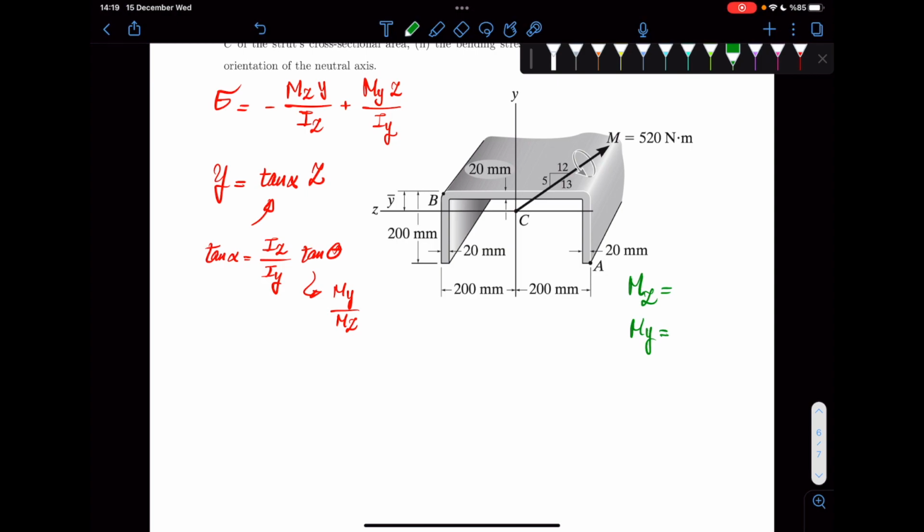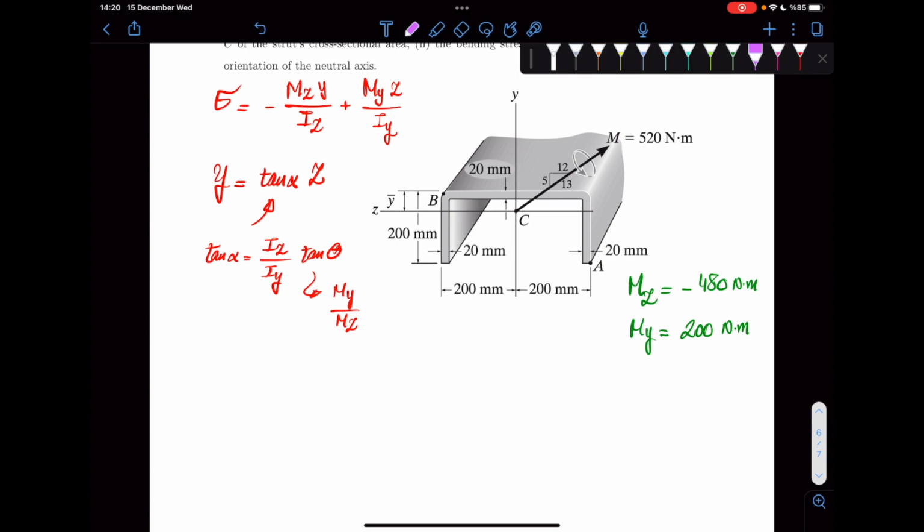From the picture, from the components, you can see mz is minus 480 Newton meter, and my is 200 Newton meter. Again, pay attention, there is a minus here because of the particular direction. So that enters here.